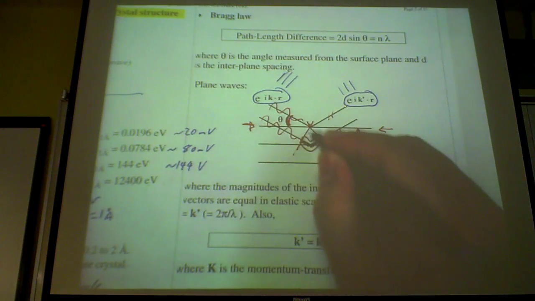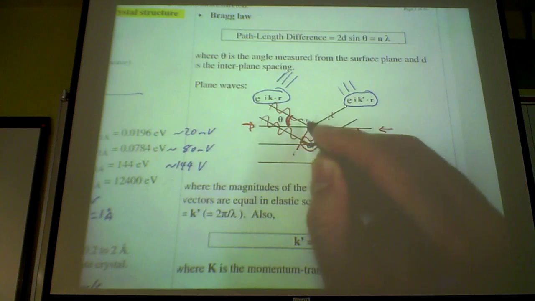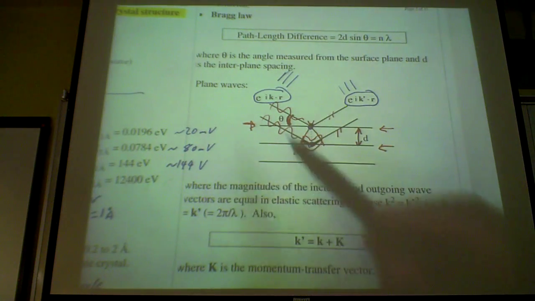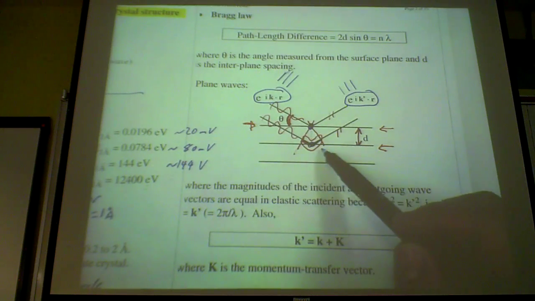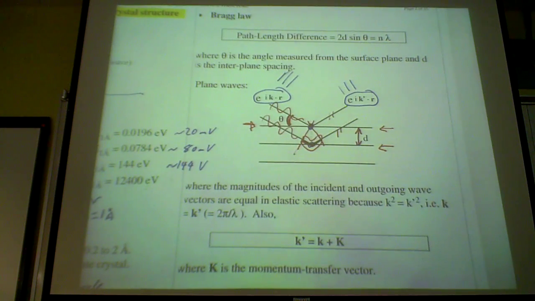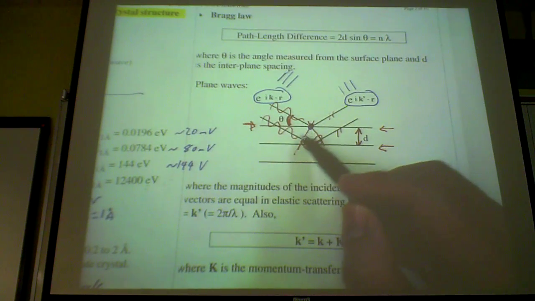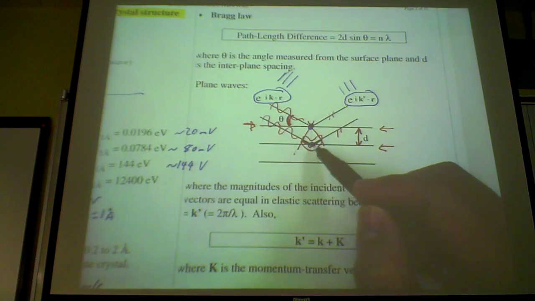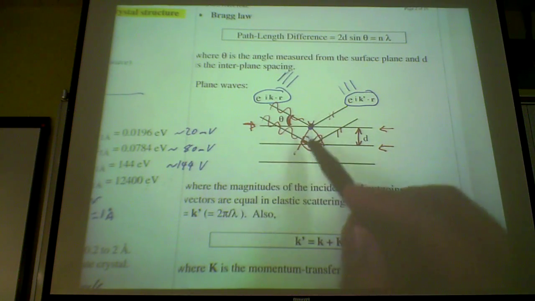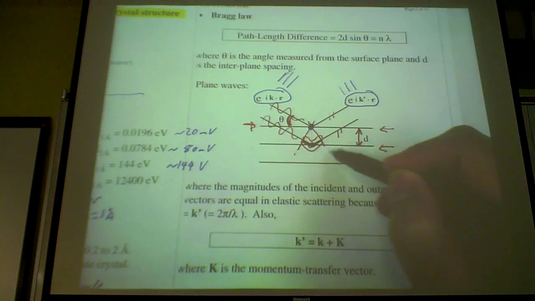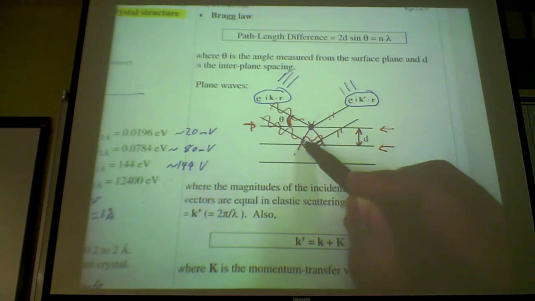Now, if you imagine you're scattering off a second plane below the first plane, you have the same thing. You have a wave coming in and a wave going out in parallel, and you consider the difference between the paths traveled by these two beams. The difference is this bit here. You can do geometry, because here is the same, here is the same, so the only path length difference is just this.